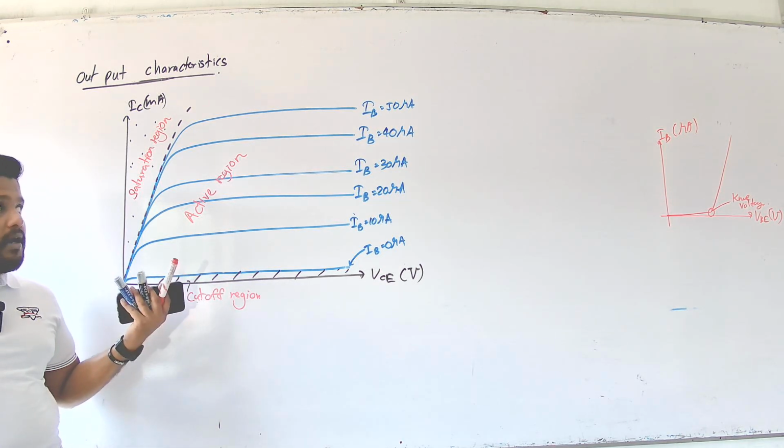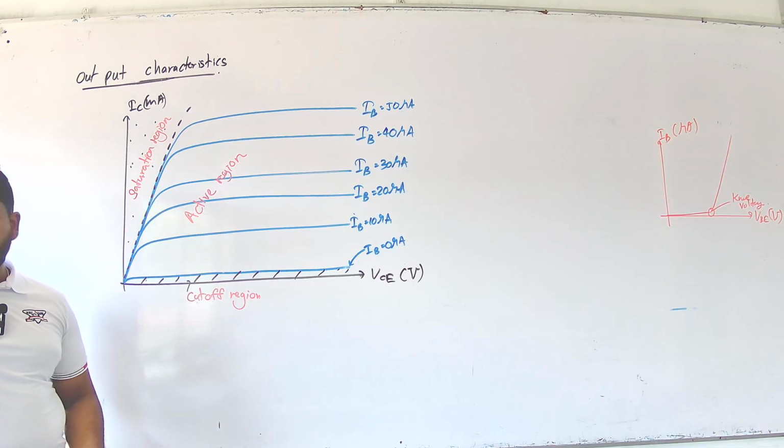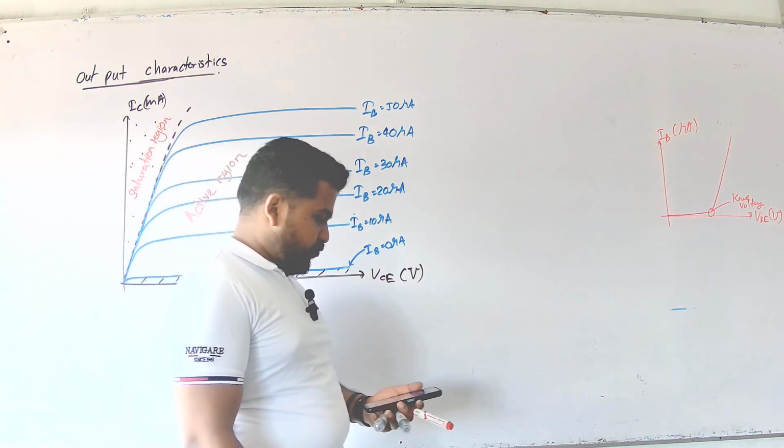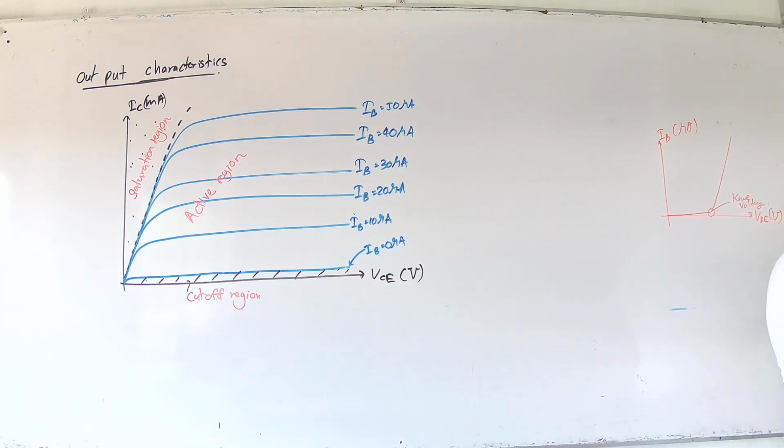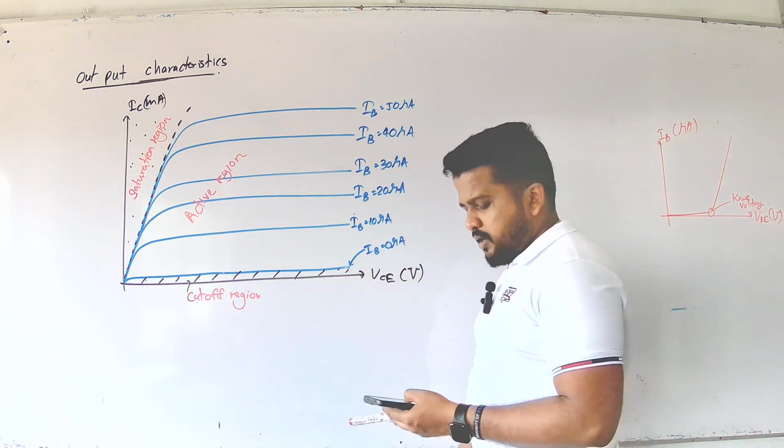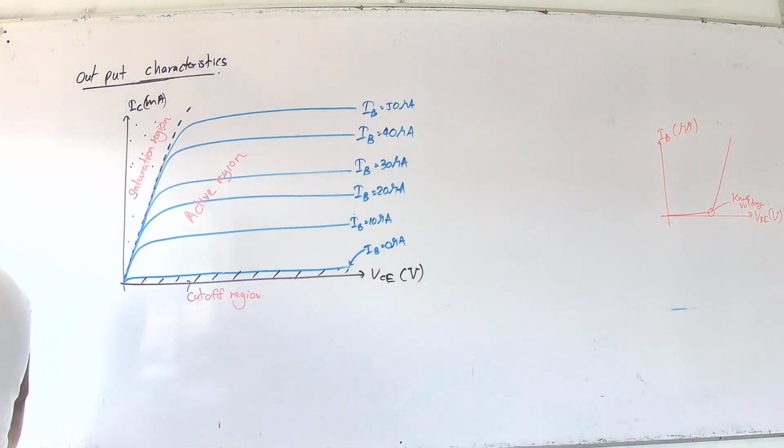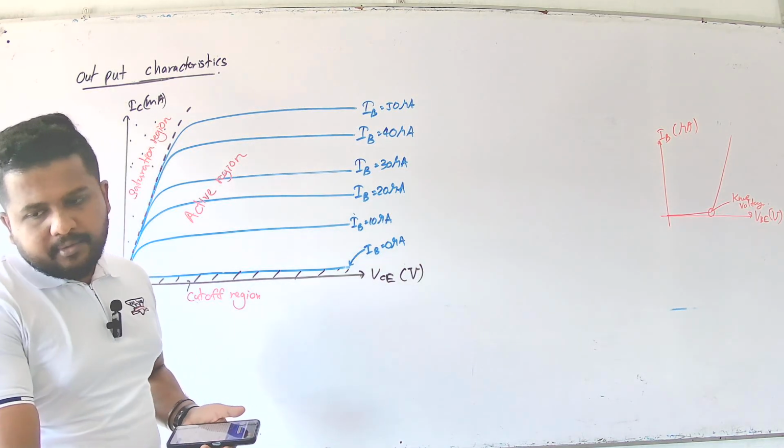Then IC becomes saturated. When IB becomes 0, the respective value of IC also becomes 0.